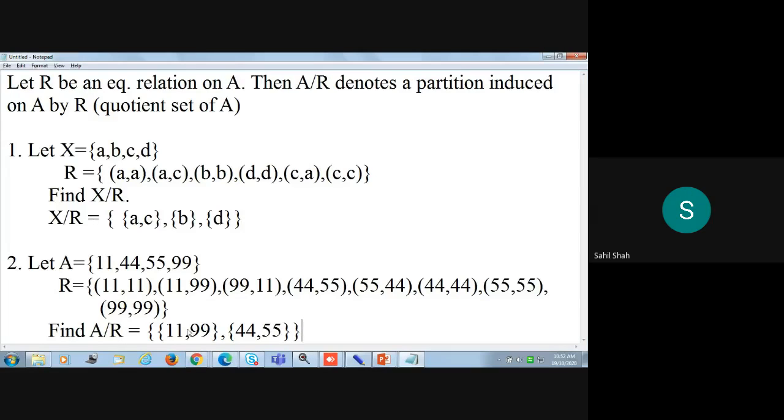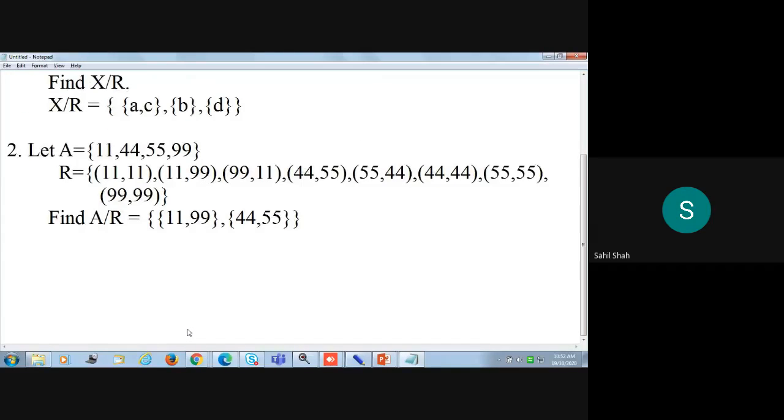Now let us take something different apart from this. This question, I think, was asked several times in the university exams, which we will be covering now. Let me check if you are able to write this.